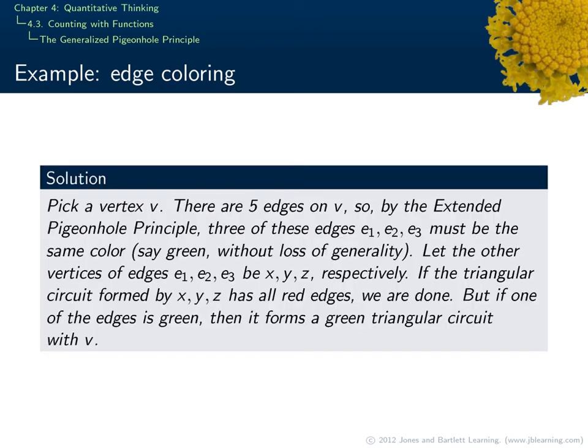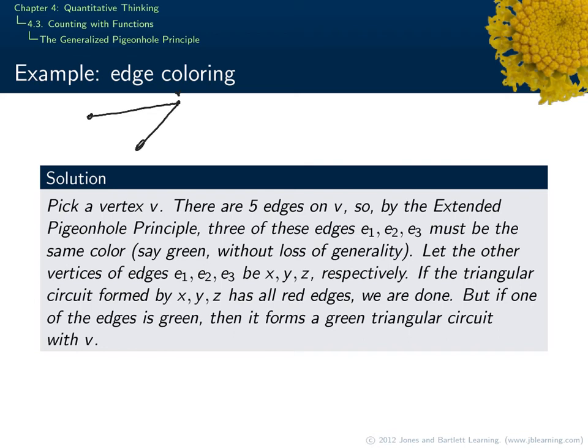So the first thing we do is we're going to pick a vertex, V, any vertex. So let's suppose this is it right there. That's our vertex, V. And there are 5 edges on V, right? So let's try and draw them in. So there's one.